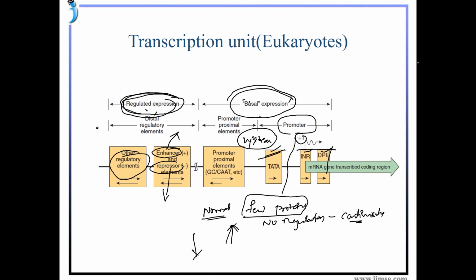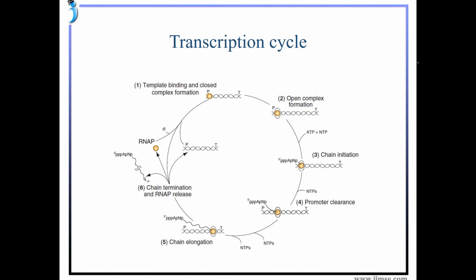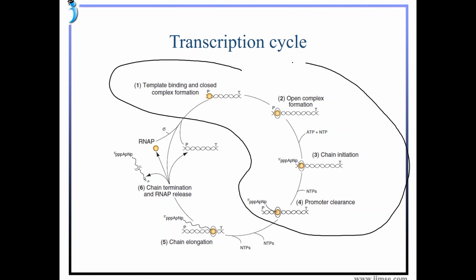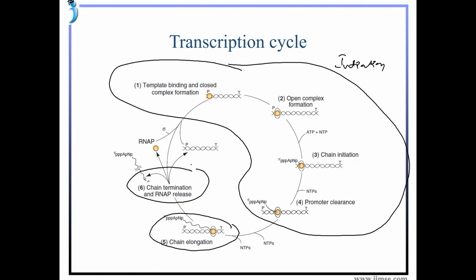Now we know promoter, we know RNA polymerase, we know what is template strand. So we'll now go into proper transcription. This is your transcription cycle. The transcription cycle has only 3 steps: initiation, next is elongation, and next is chain termination.